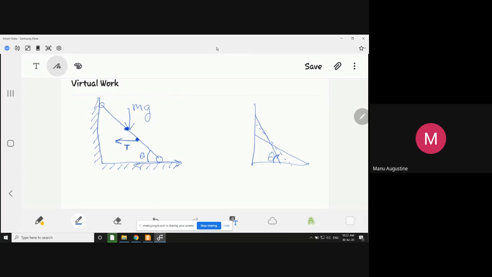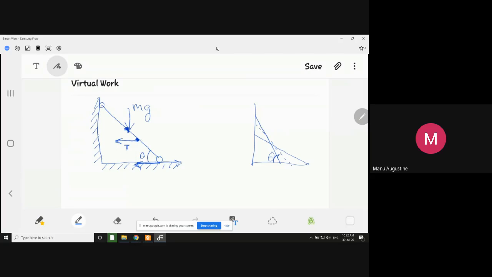And while you are doing so, please look at this figure. This point will move slightly upwards if you move this inwards. And eventually this point will move slightly towards the left also when you move the wheel towards the wall. And look at this point. When you move the wheel towards the wall a little bit, then this point will move upwards, and this point will move towards the left also.